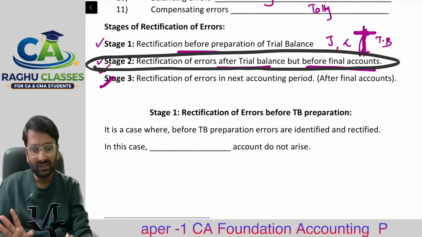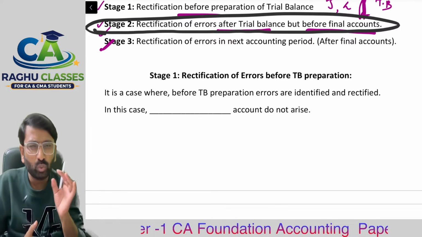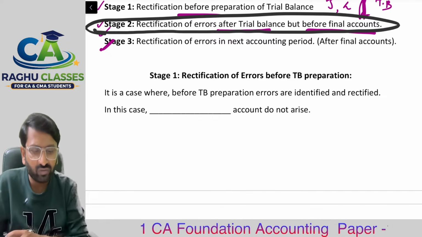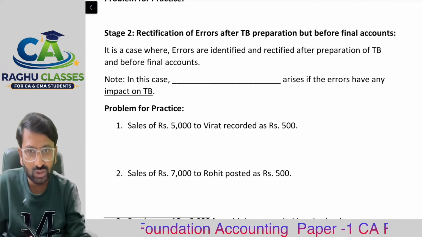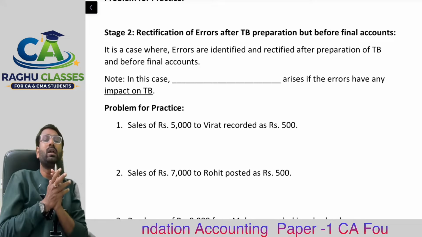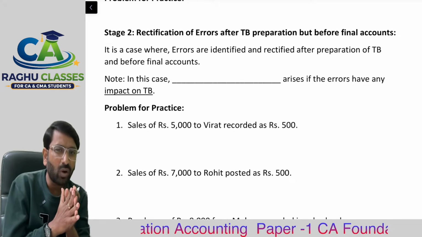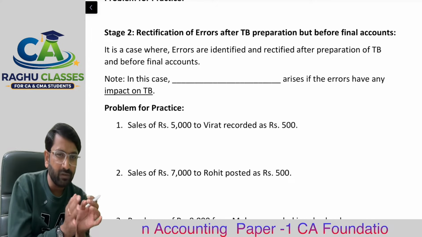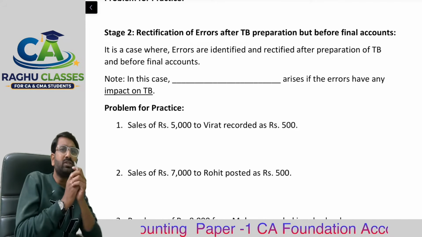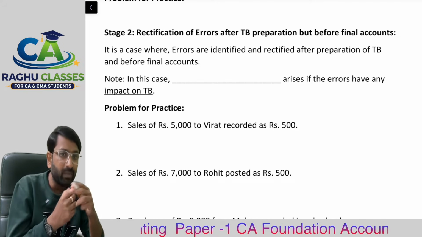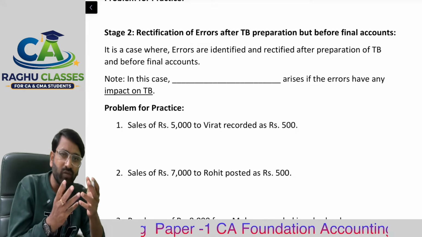Okay. See, I'm strictly going to do whatever I feel is personally important for the exam. So stage 1 I'm skipping for the time being. We'll move on to stage 2 straight away. Now here you are rectifying the errors after trial balance but before preparing final accounts. Now what happens? Since trial balance is already made, if TB tallies, well and good.